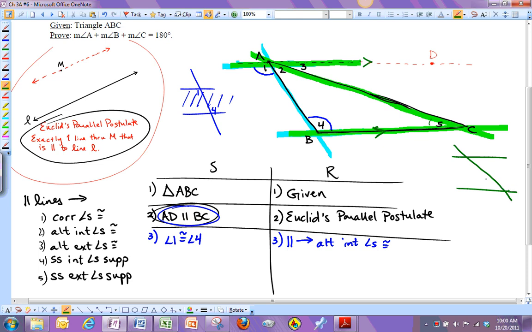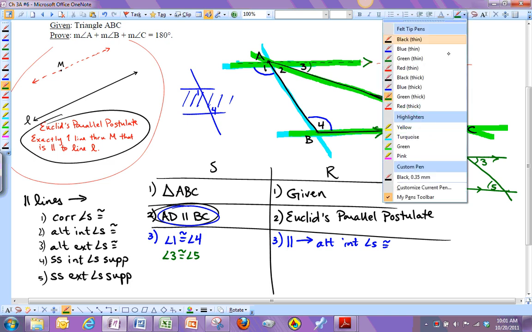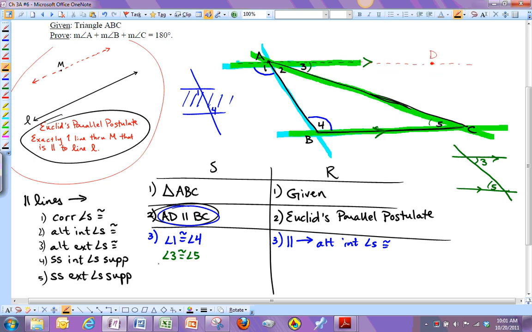Right here is angle 5, that's this one. And up here is angle 3, that's this one. And you can tell it's that Z shape again. Those are the alternate interior angles again, and so these have to be congruent because these lines are already parallel. And it's the same reason. All parallel lines give alternate interior angles that are congruent.